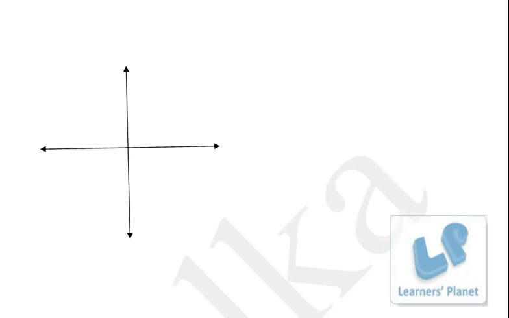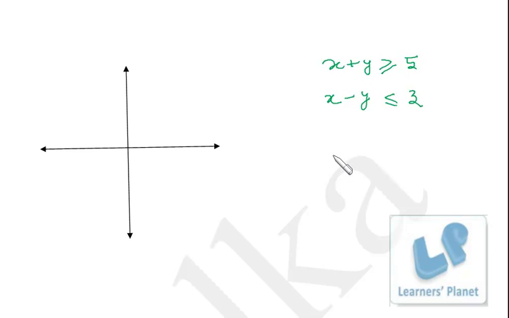Similarly, suppose I have a system of inequations. Suppose it is x plus y is greater than or equal to 5 and x minus y is less than or equal to 3, and we have to find out the common solution for these two linear inequations, right? Now what we'll do, we'll take the equations one by one.